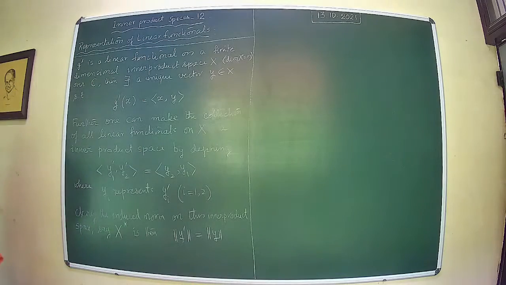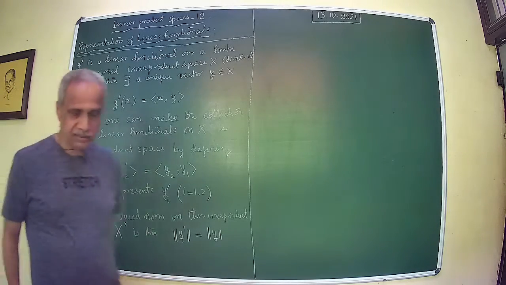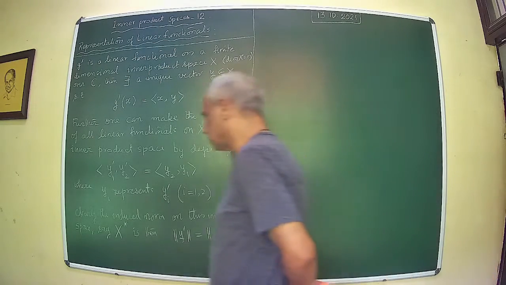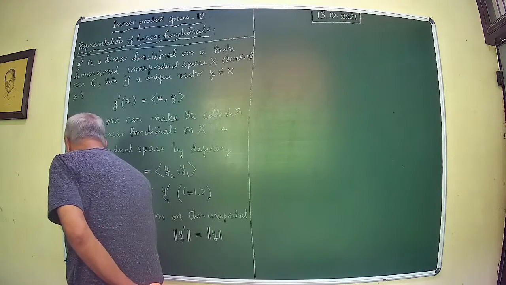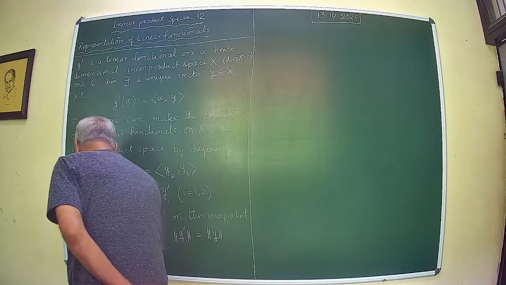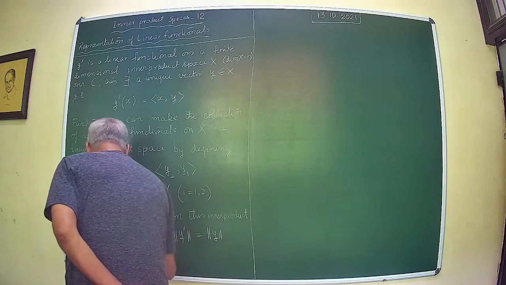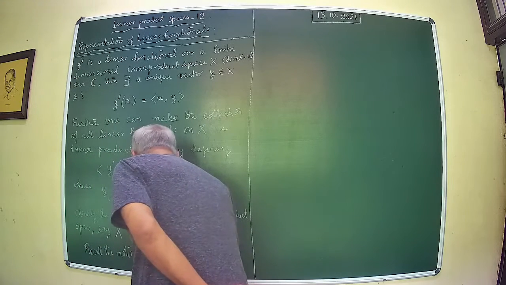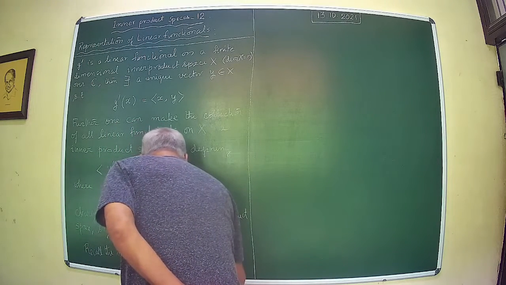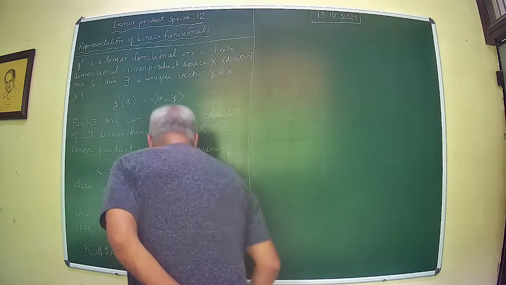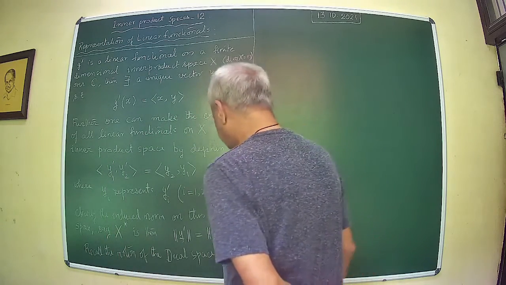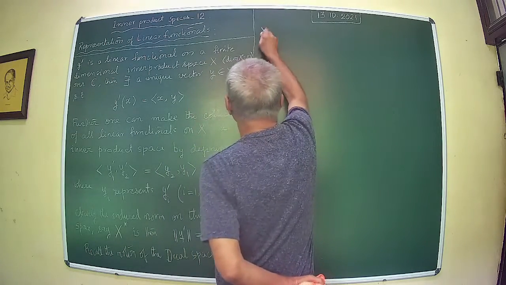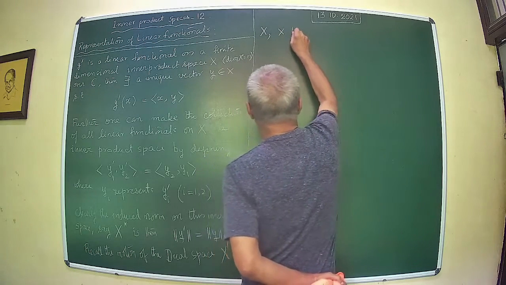Okay, this could lead to a kind of confusion here. What is the confusion that can come? Because we are familiar with the dual space. So recall the dual space of X taken as a linear space.